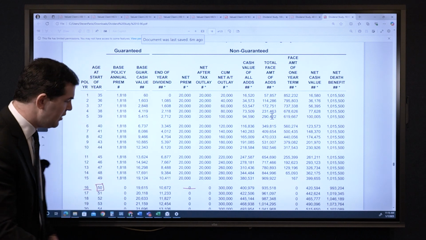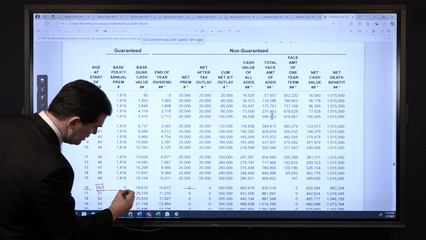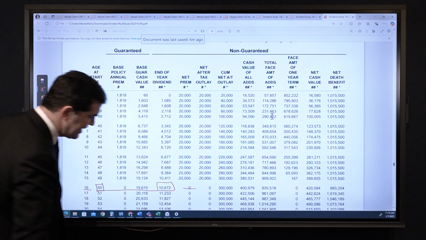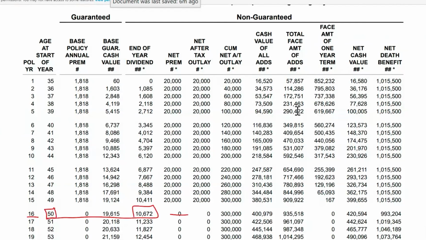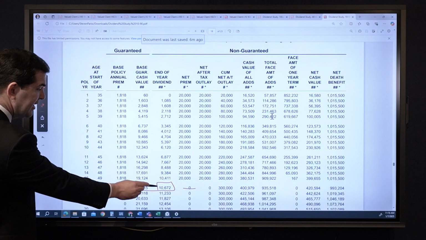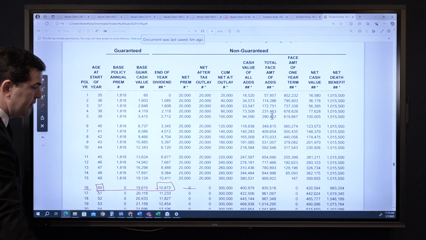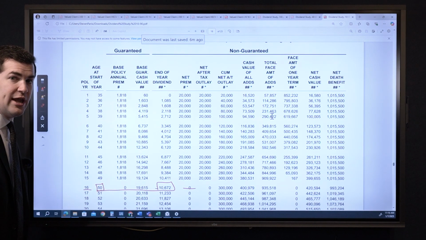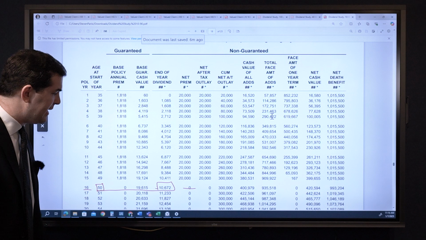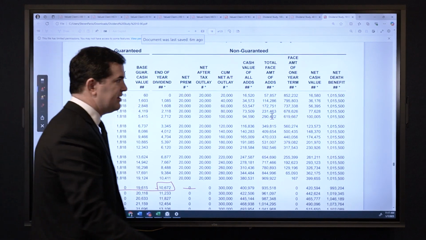Make sense? So when we look at the dividend, here we go, $10,672. That's the dividend we received from the insurance company, and that's what we would receive from the company on our annual statement. We would see that if we're in this policy year. Look at this though.